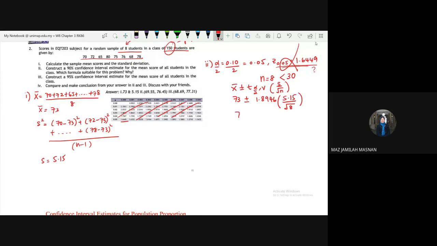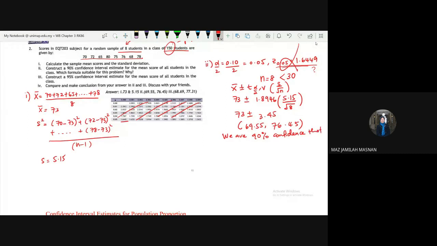So you will get 73 plus minus the margin of error, 3.45. If you calculate, your answer would be between 69.55 until 76.45.